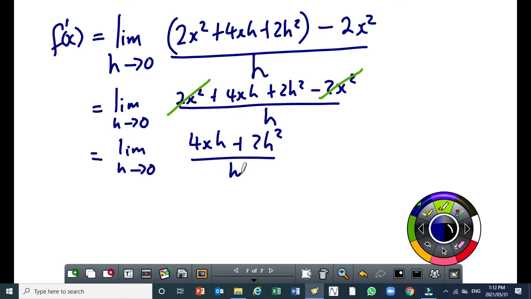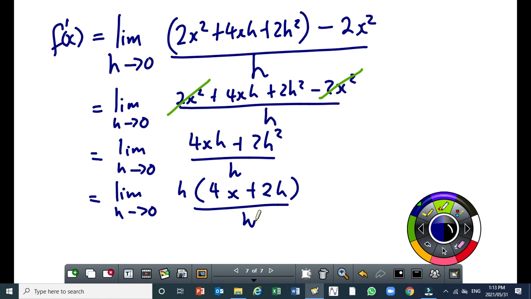all over h. Now, when you get to this point, never try to substitute h equal to 0, because the denominator will become 0 and you end up having an undefined gradient. So what you do is factor out h in the numerator. If you factor out h in the numerator, you get the limit as h tends to 0 of h times 4x plus 2h, all over h.